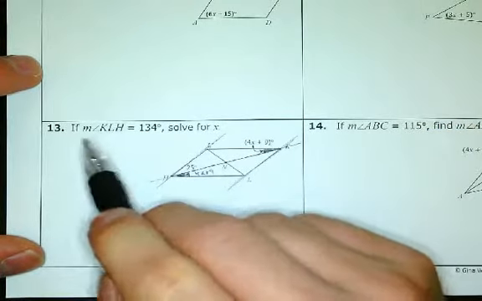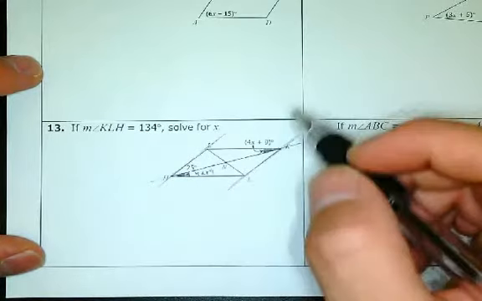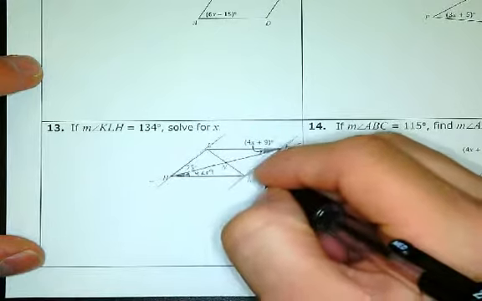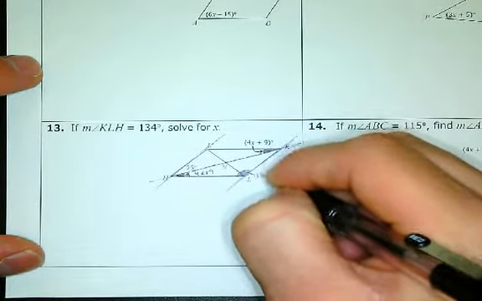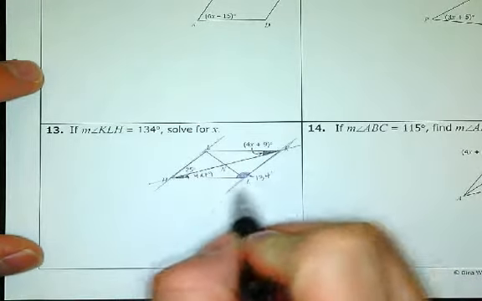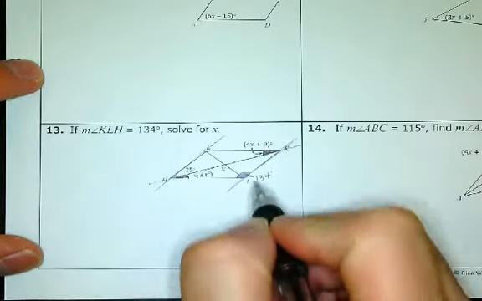Let's come up here. If measure of KLH, where's KLH? KLH is 134 degrees, so this big guy is 134. Solve for x. Okay, same principle applies here. Remember, parallelograms equal 360. So I have two 134s.